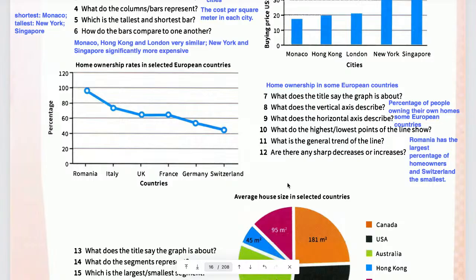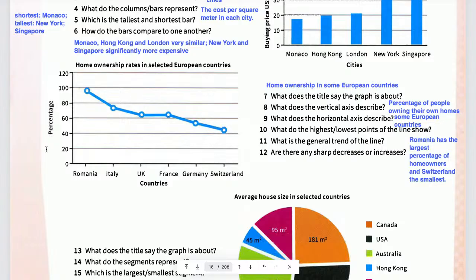And probably it's not very much different from Germany, because you just have around 61% for France and around 57 or something for Germany. So actually most of the countries have quite similar figures or similar numbers, right? Except Romania and probably Switzerland. Okay? So that is the general trend of this chart.